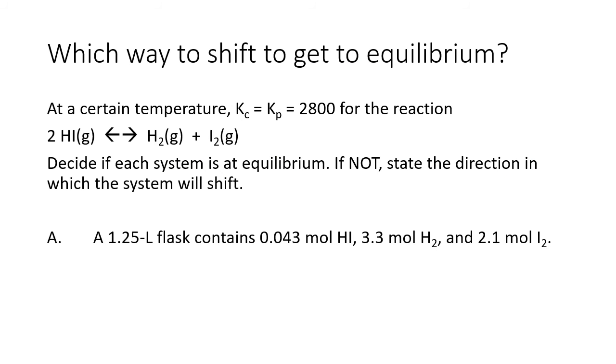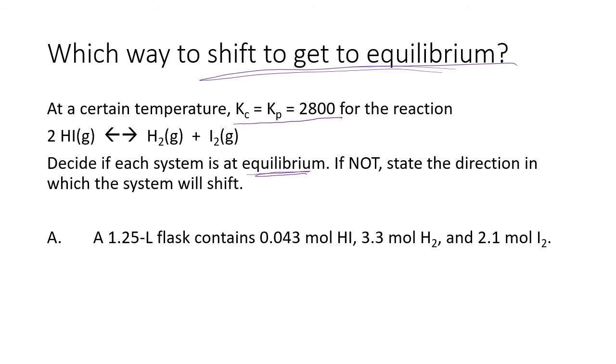Okay, the final set of examples is which way the reaction is going to shift if it's not already at equilibrium. They say Kp and Kc is equal to 2,800. I have to determine if this is at equilibrium, and if it is not, which direction it's going to go.